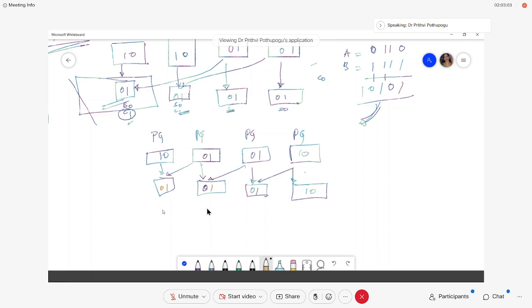Now what is the sum and carry? I think this is the sum and carry. This is settled. Check it out: 1 0 1 0 1 we need to get.